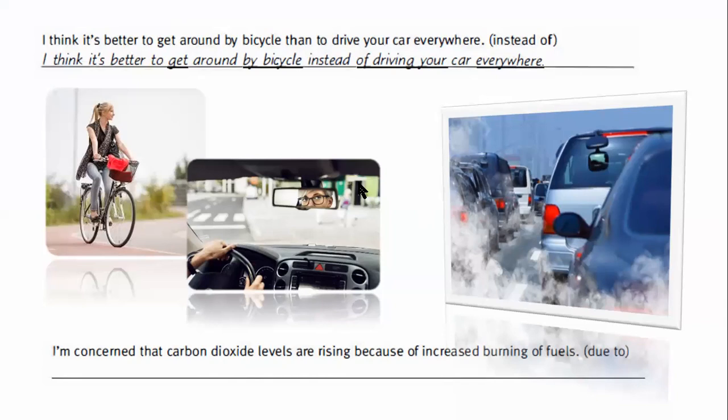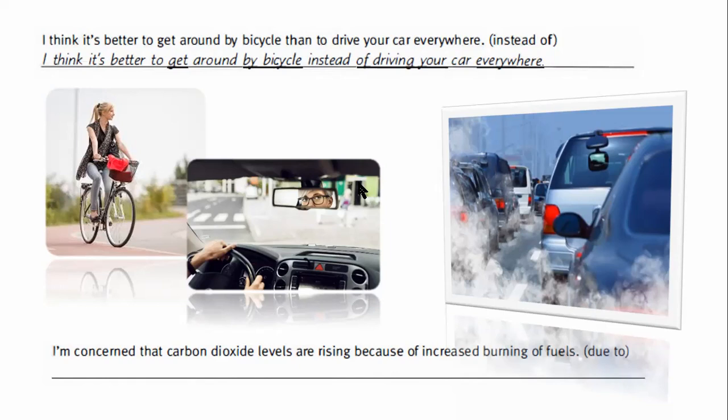Vanessa, can you please help me by reading the example? For the complete situation, at the end you see we have the expression in parentheses. The first sentence, then we have the expression, and then we rewrite the statement with the new expression. Vanessa, can you please read the example? I think it's better to get around by bicycle than to drive your car everywhere.